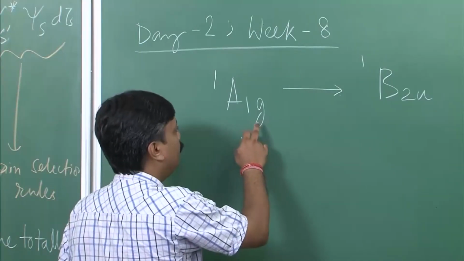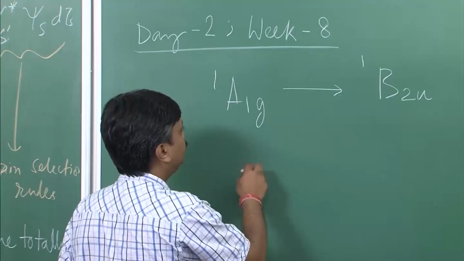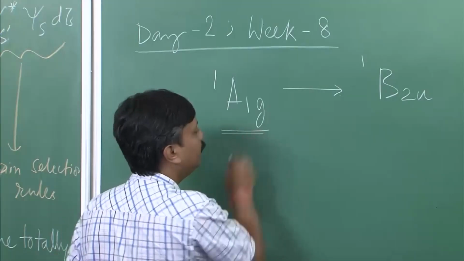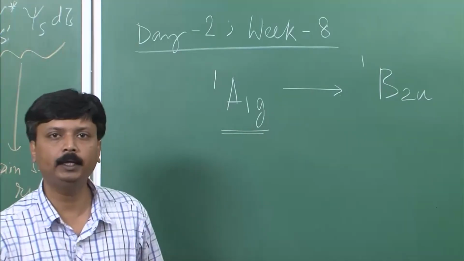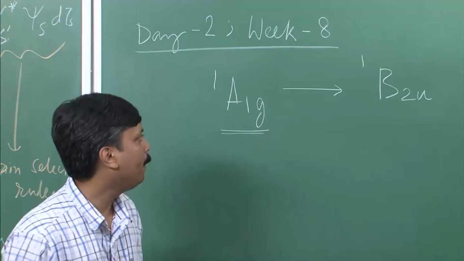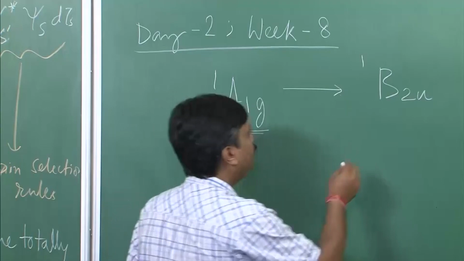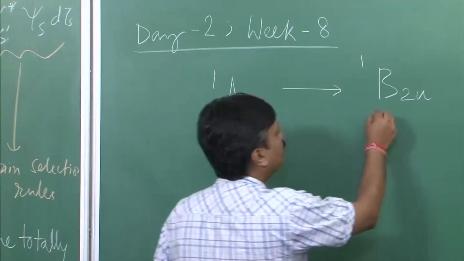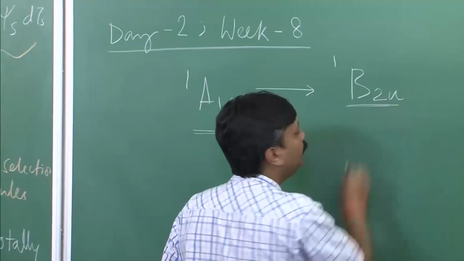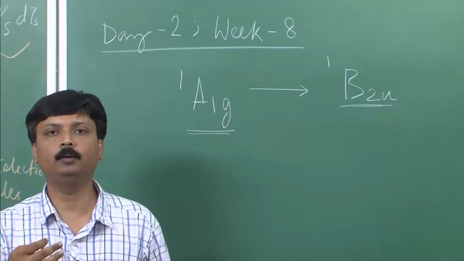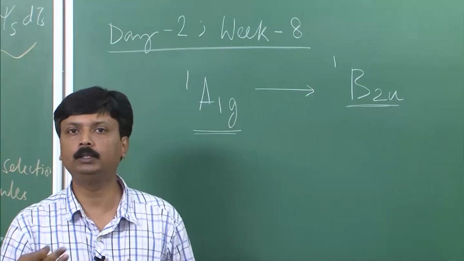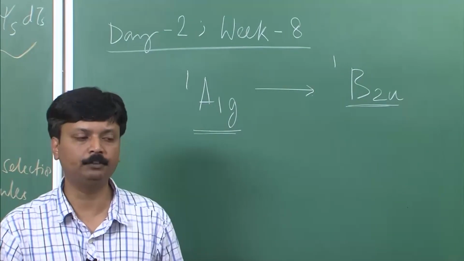So what I have to do, I have to see A1G, it corresponds to the totally symmetric irreducible representation, correct, for the D6H point group. Therefore I have to see whether this one contains either x or y or z as its basis function or not.